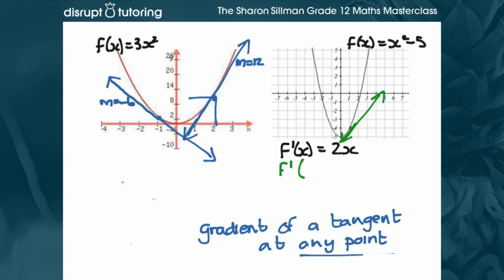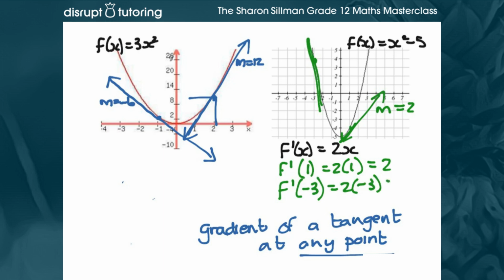So using the derivative, I'm substituting 1, multiply, and the gradient of this line is 2. I could also perhaps use negative 3, draw in a tangent. Obviously you would normally draw it with a straight line. Substitute negative 3 into the derivative, so the gradient of that line is negative 6.